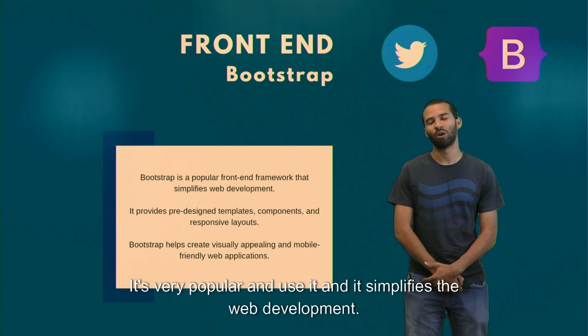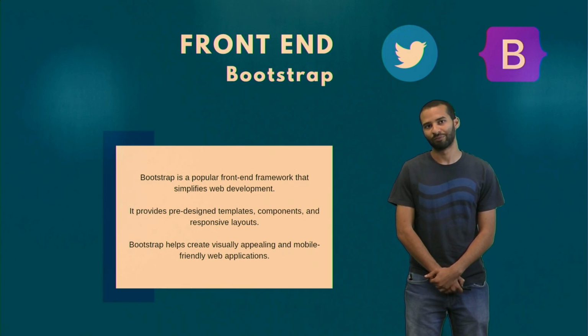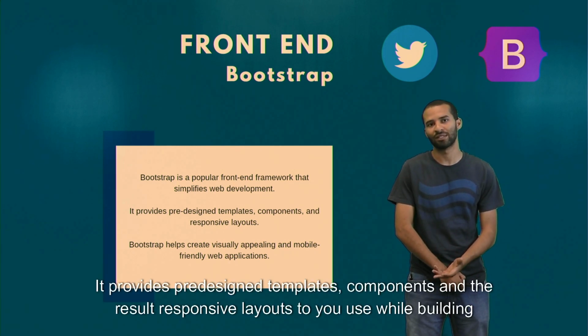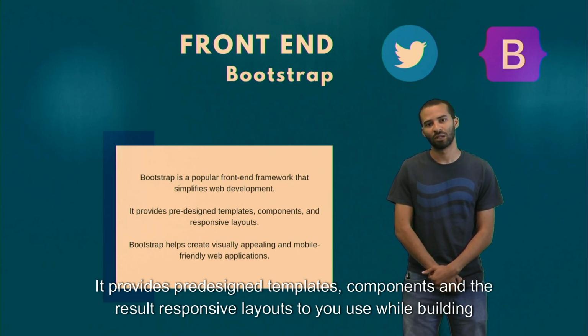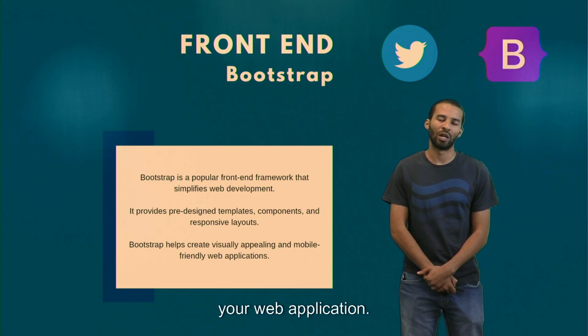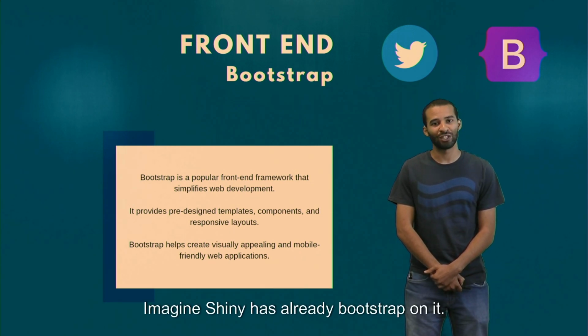It's very popular and used, and it simplifies web development. It provides pre-designed templates, components, and responsive layouts to use while building your web application. And imagine, Shiny already has Bootstrap on it.